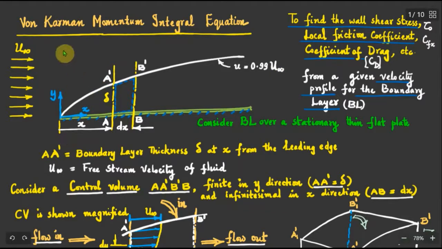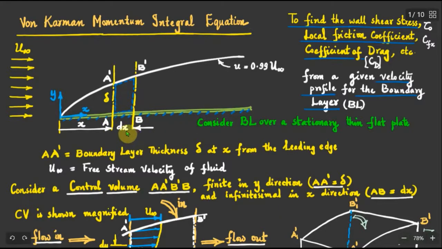For deriving von Karman momentum integral equation, we will consider a control volume like this. Say A dash, B dash, B, which is finite in the y direction, that is normal to the plate, and it is infinitesimally small in the x direction.